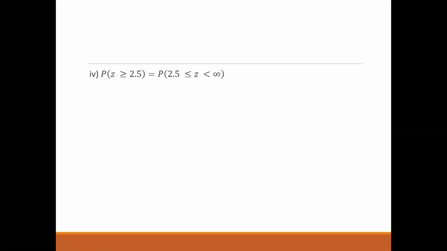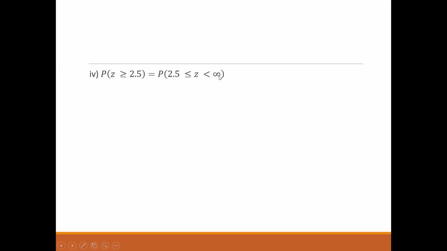So it will start from 2.5 and go up to infinity. So I can write this probability function like this: P of 2.5 less than or equal to z, and z is less than infinity. Clear? So Z is greater than or equal to 2.5, but it is less than infinity.